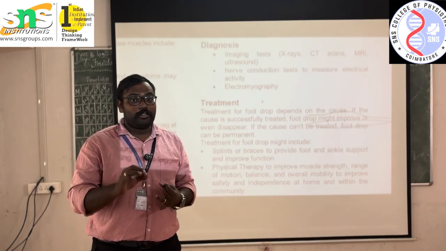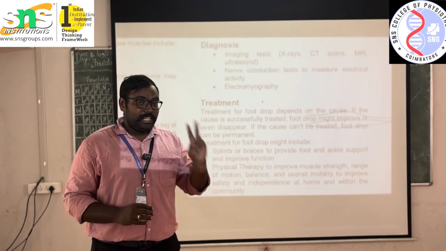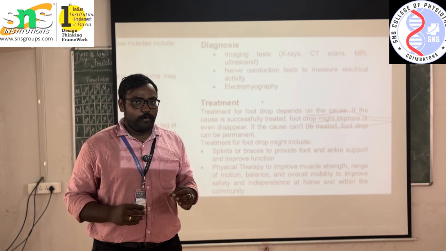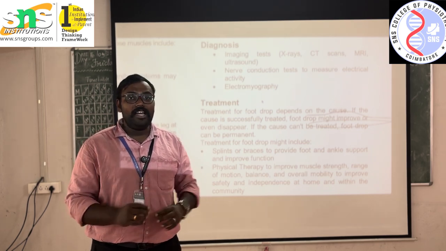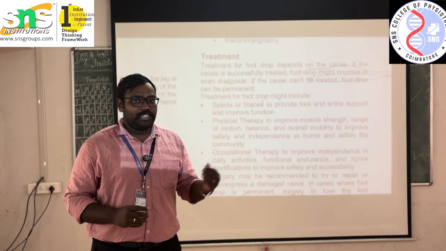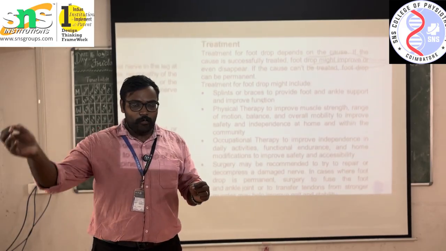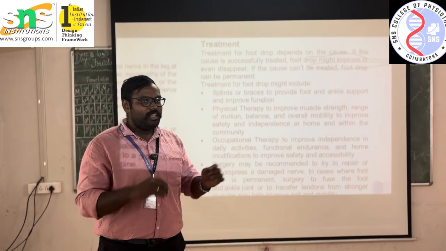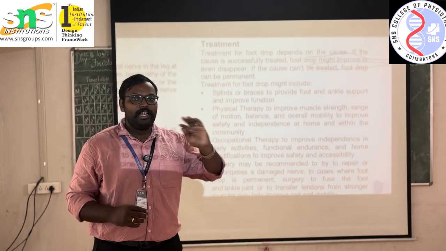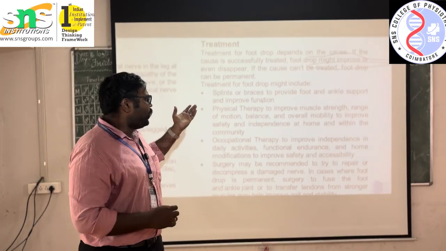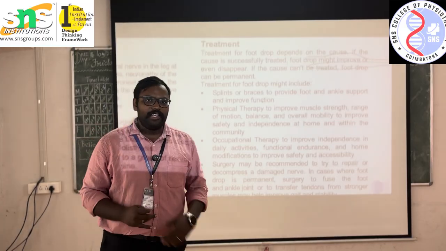The second is electromyography. These two studies are most important in detecting a foot drop patient. In NCS studies, we place the needles and record on the monitor how the muscle works in response to the nerve stimulus. Electromyography follows the same way.